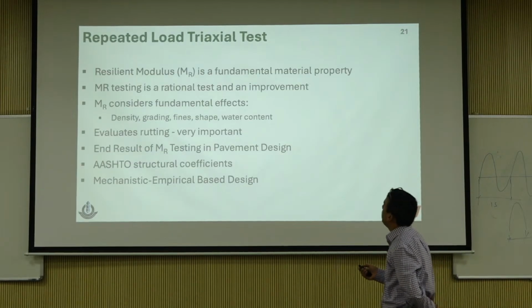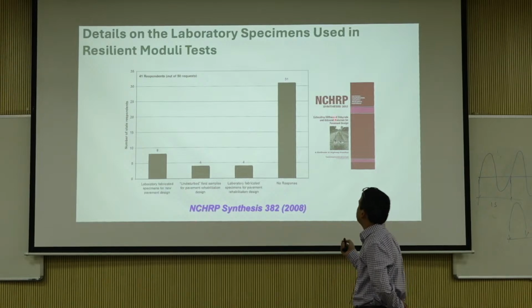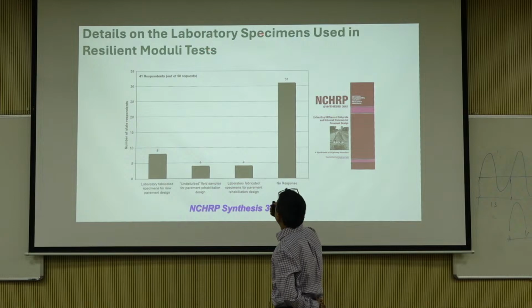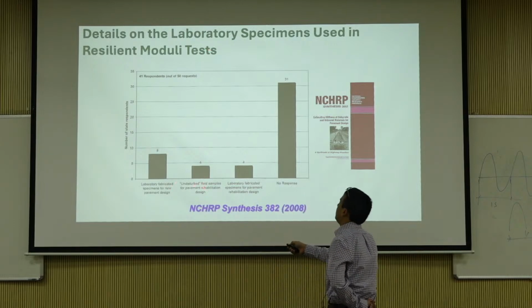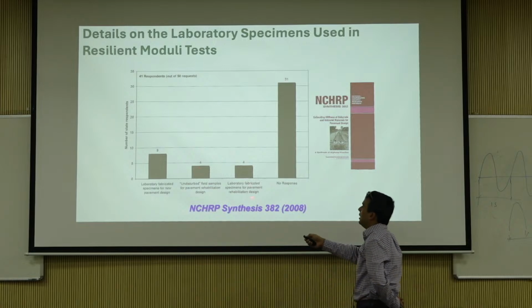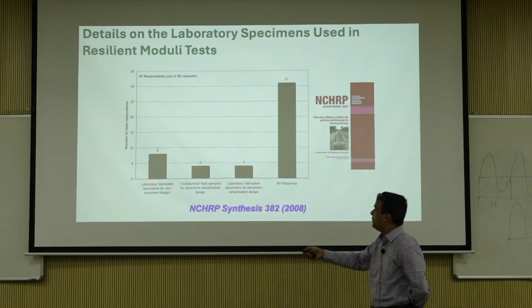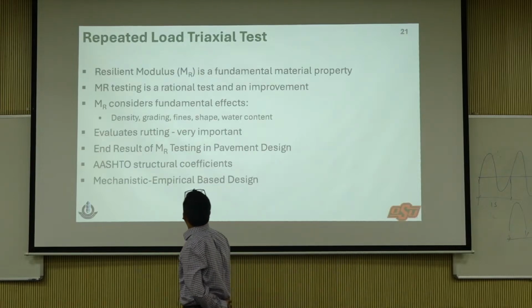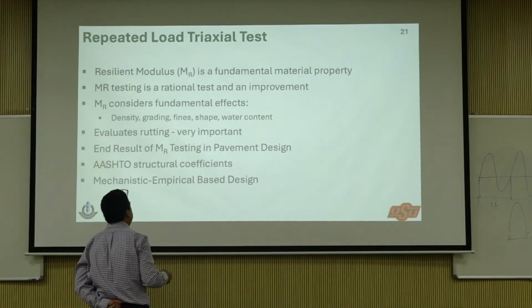It's a fundamental problem. Here, this is just some survey results. How do you determine what kind of laboratory specimens? Some people used undisturbed samples from rehabilitation designs, mostly laboratory fabricated. The fundamental property, it's a rational test.